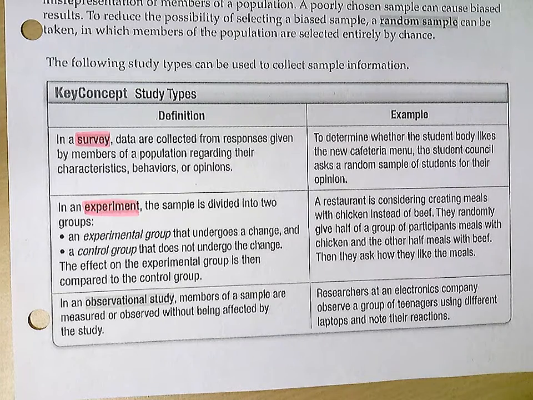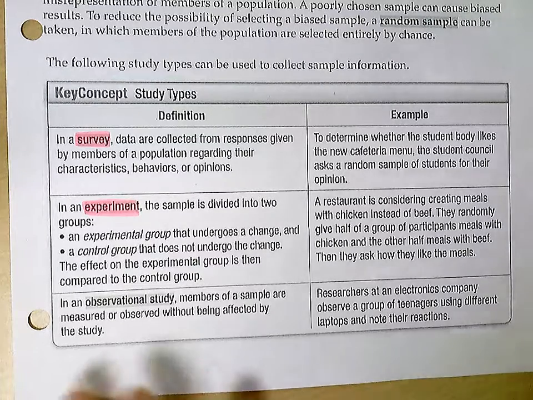Usually you do something with a placebo. This one usually has to do with drug tests and stuff like that. So a restaurant is considering creating meals with chicken instead of beef. They randomly give half of a group of participants meals with chicken and the other half meals with beef, and then they ask how they liked the meals.